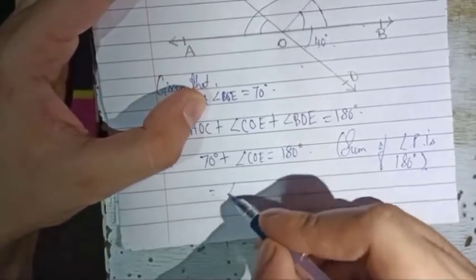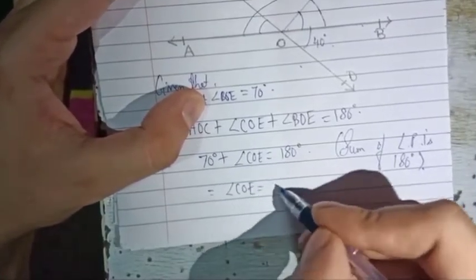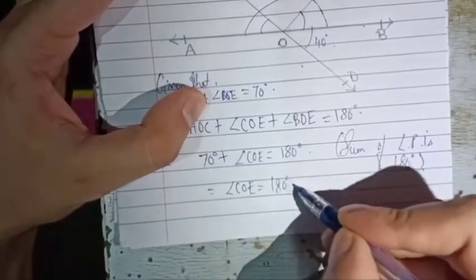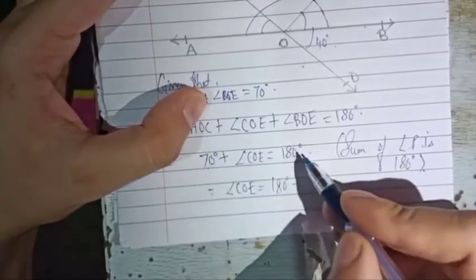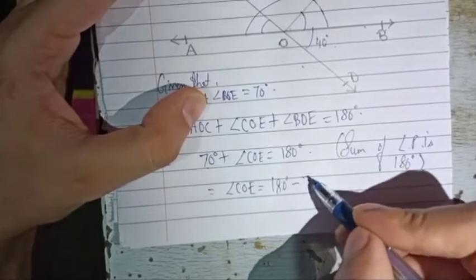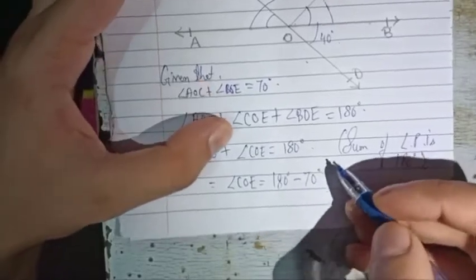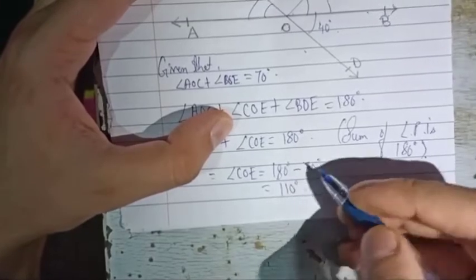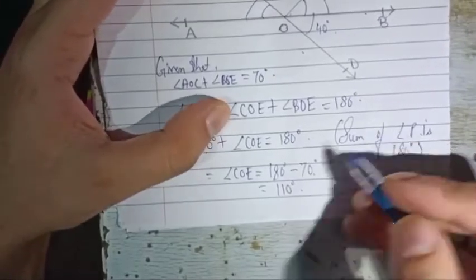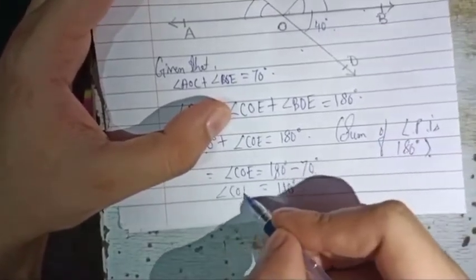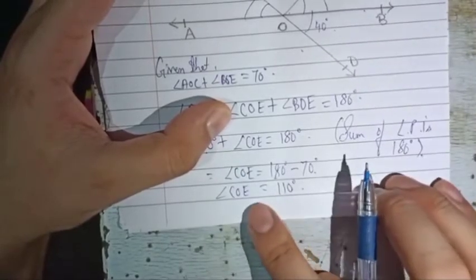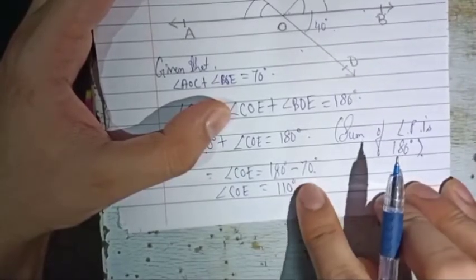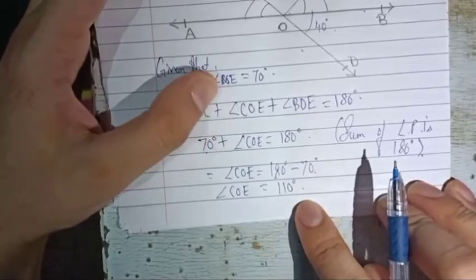So angle COE will be equal to 180 degrees minus 70 degrees; moving 70 to the right-hand side it becomes negative. So 180 minus 70 is 110 degrees, and that is the value of angle COE.